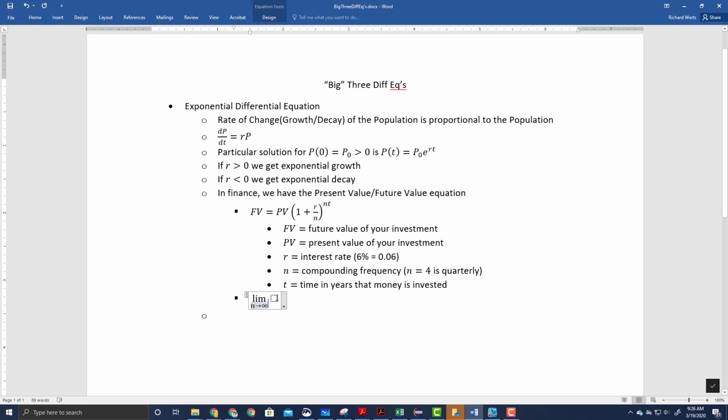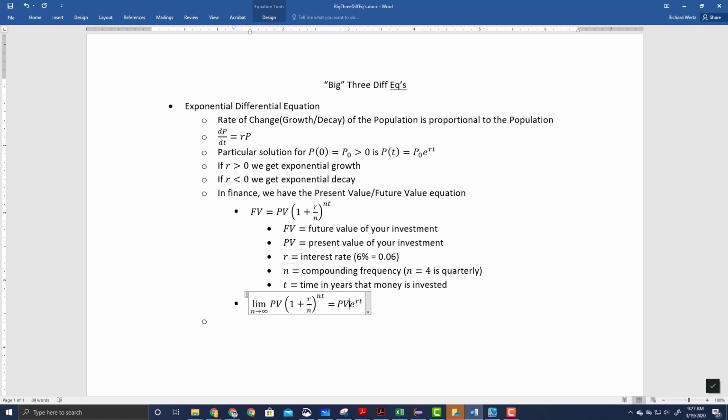Then your compounding frequency wouldn't be 4 or 12 or 365, it would be infinity. If you take the limit of this, and I'll copy this down here, it basically equals this. So it ends up being the same exact equation if you take the limit.